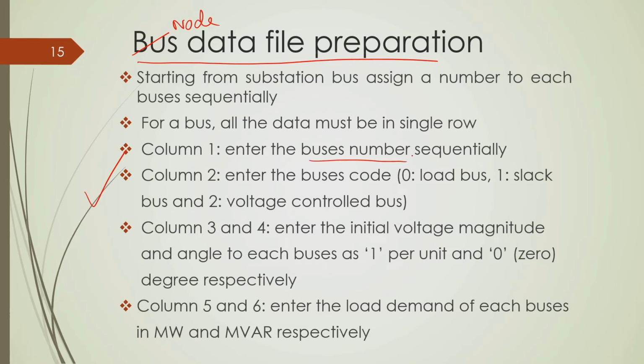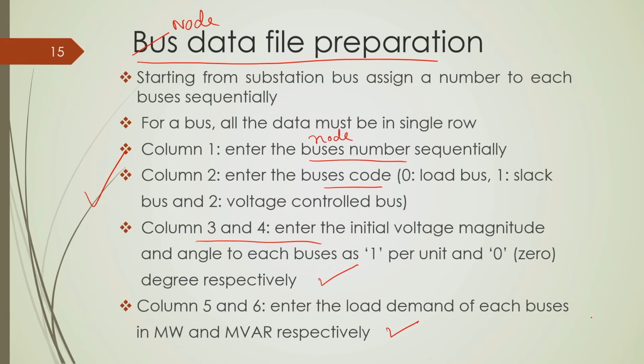Column 1 gives the node number or bus number, column 2 gives the bus code or node code, columns 3 and 4 give the initial guess values of voltages and angles, and columns 5 and 6 give the active and reactive power demand. In a distribution network, they are specified in kilowatt and kVAR, not megawatt and MVA, because distribution network load is not normally in the megawatt range.